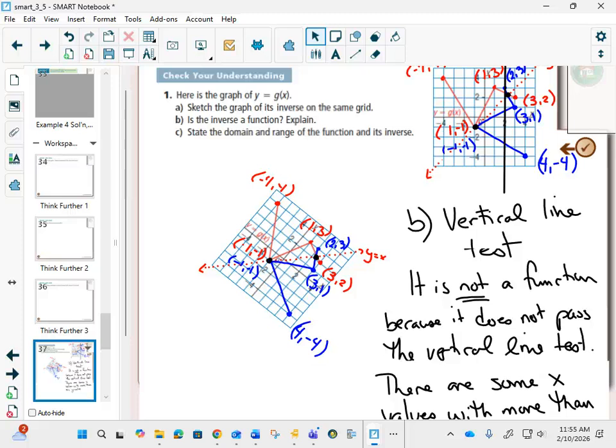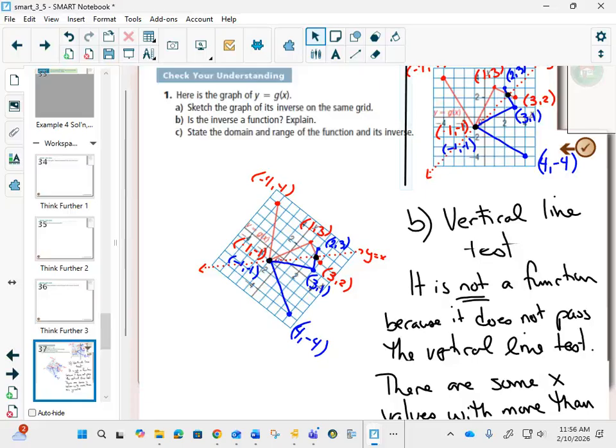It's not functioning. It's not doing the same thing every time, giving me the same answer every time. That's what the vertical line test shows us. If it hits only one thing all the way through, then every x value has one y value and it's a function. If it doesn't, then it's not a function.